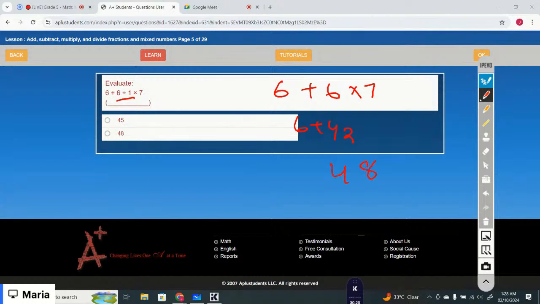Option number 2 is the correct option. Got it?